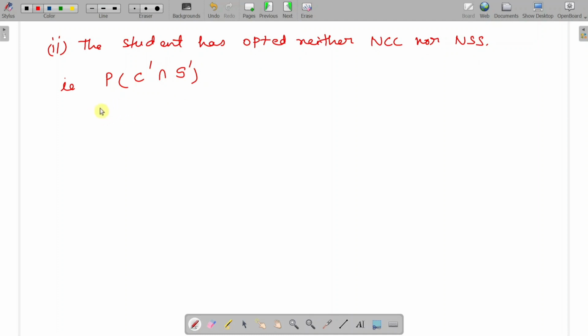So this will be equal to probability of C union S, the whole complement. So this is by De Morgan's law.